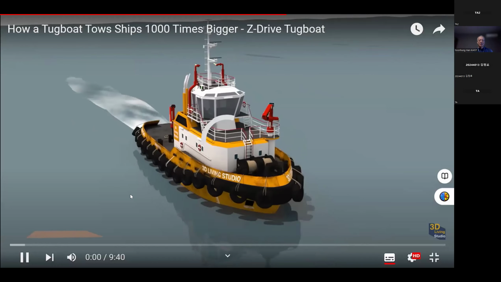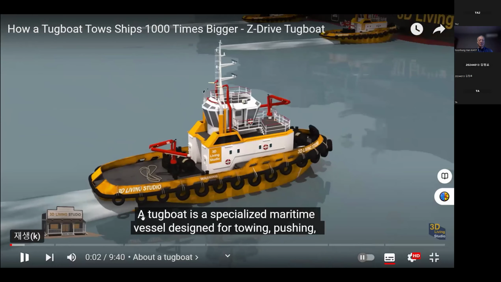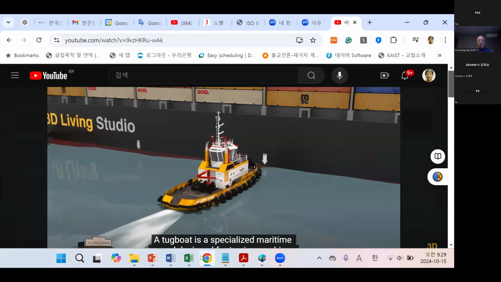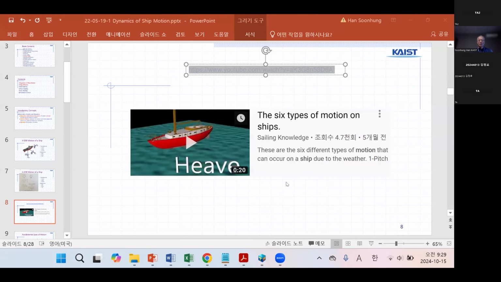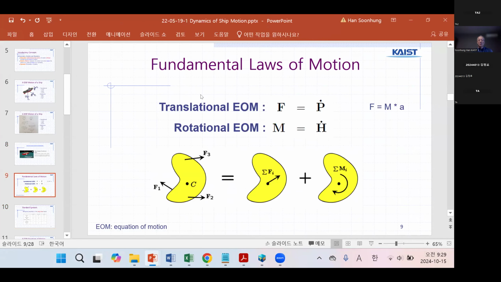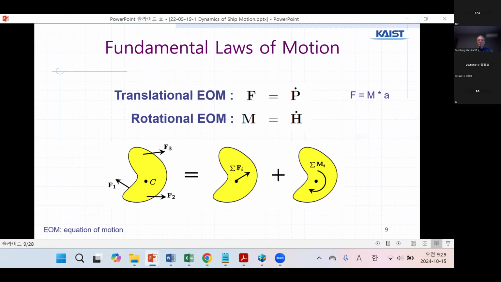A tugboat is a specialized maritime vessel designed for towing. So we can see the equation of motion.